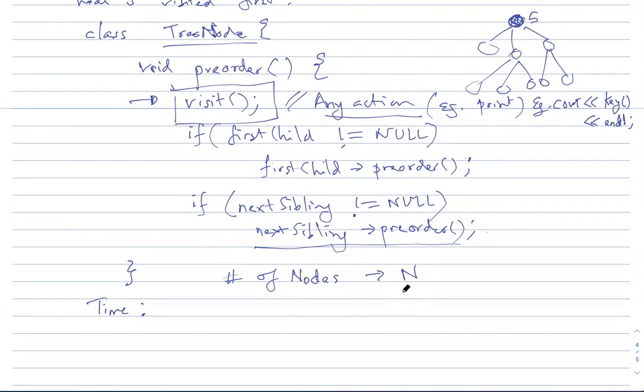How many times are you visiting every node here? Using this algorithm, how many times are we visiting every node? Once.